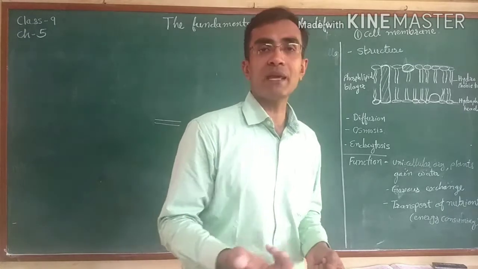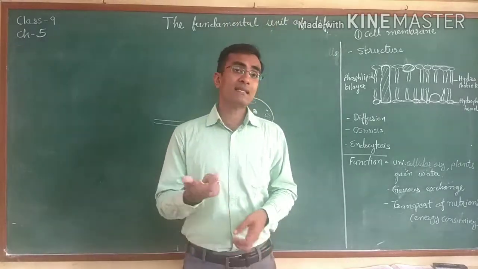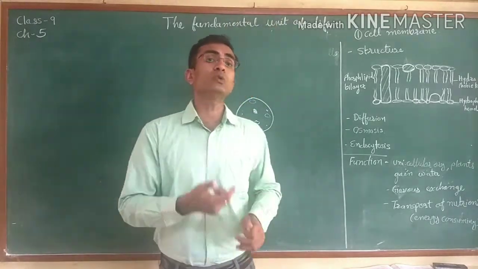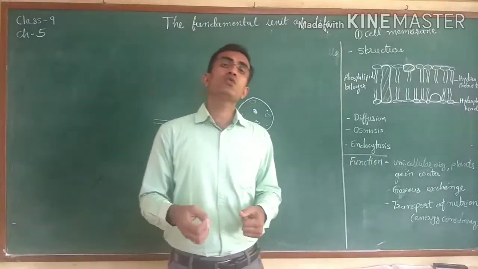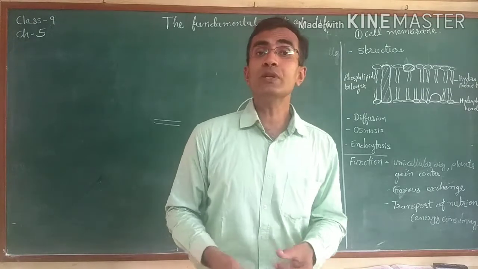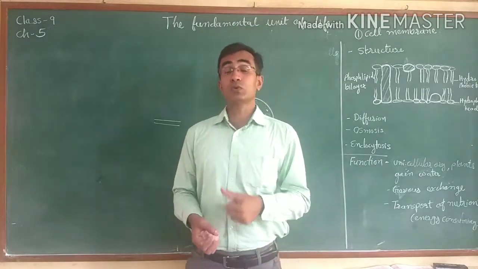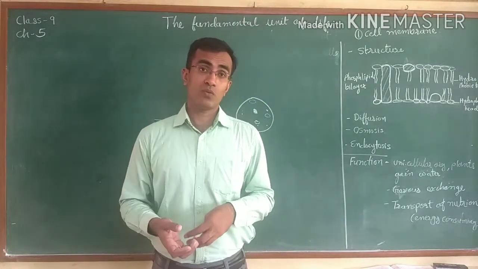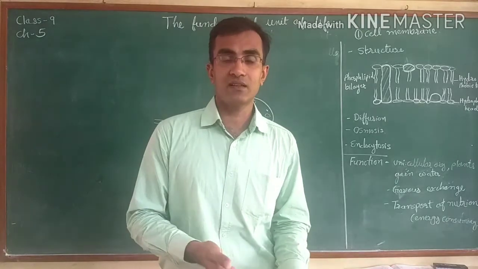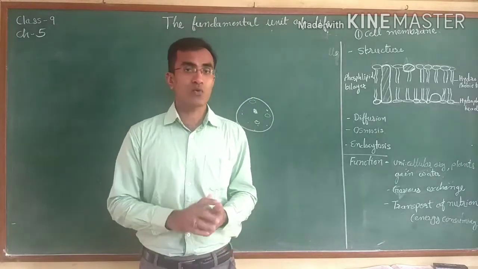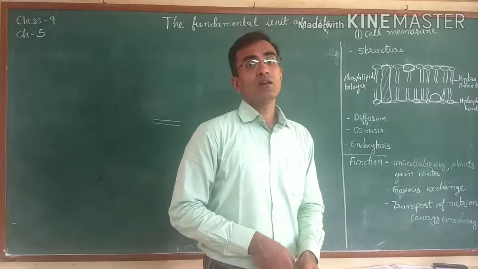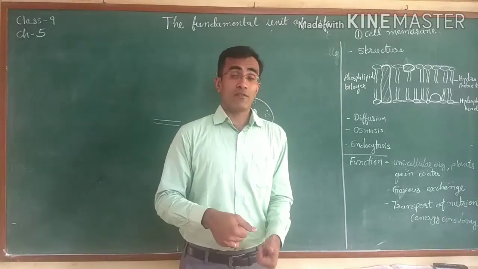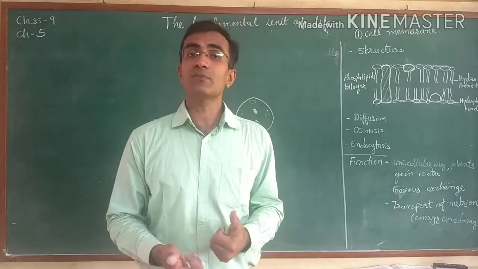Now what is permeable? Permeable means something that is allowed to enter. For example, when you go home, do you need to take any permission to enter your house? No, because you are permitted to enter. But if some stranger is roaming around your house and rings the bell, would your family members allow them to come in?